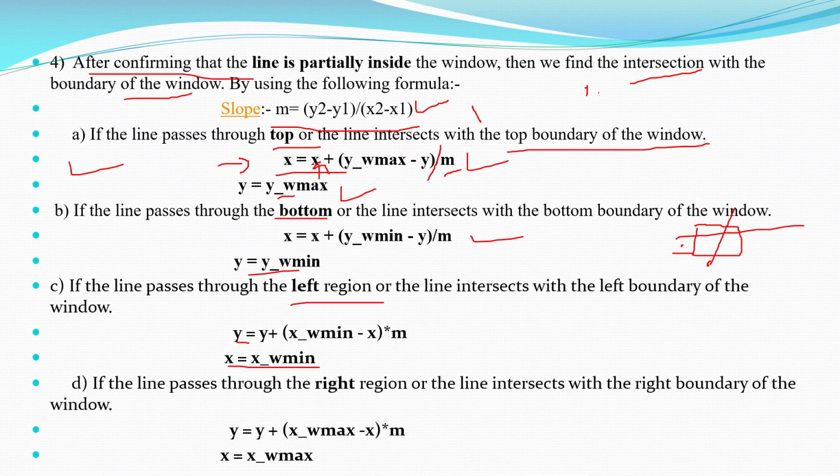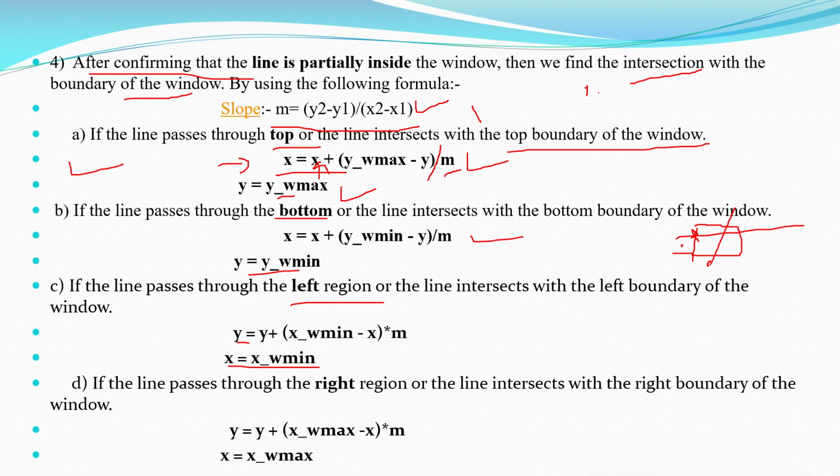So x will be the minimum, and how do we find the y value? It intersects here, right? So y equals y plus (xw min minus x) multiplied by the slope. Remember the difference: for top and bottom we divide by the slope, here for left and right we multiply with the slope.